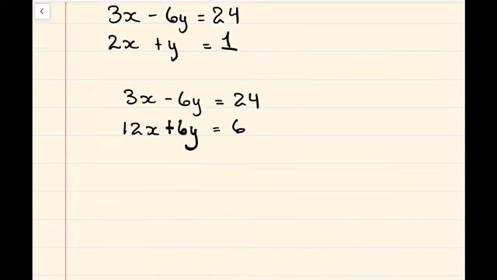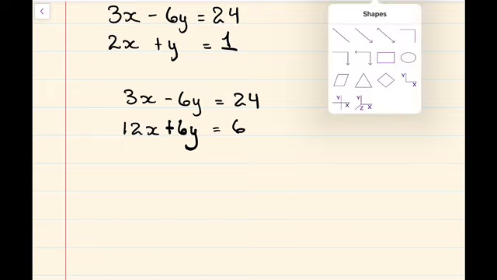The second step in solving a simultaneous equation this way would be making one of the y coefficients a negative number so that we could just cross them out. But if we look here, the coefficient for this y is -6, so it's already a negative number. So it would be -6y plus 6y, which would clearly just cancel out.